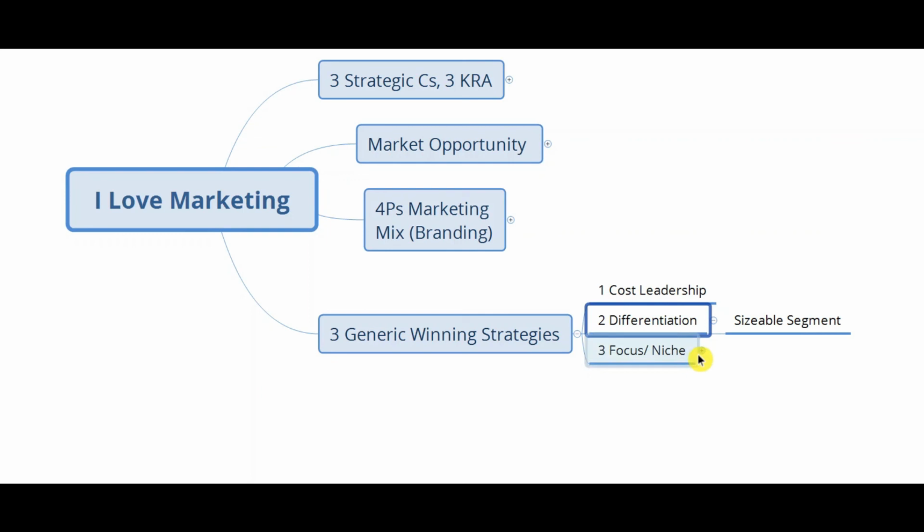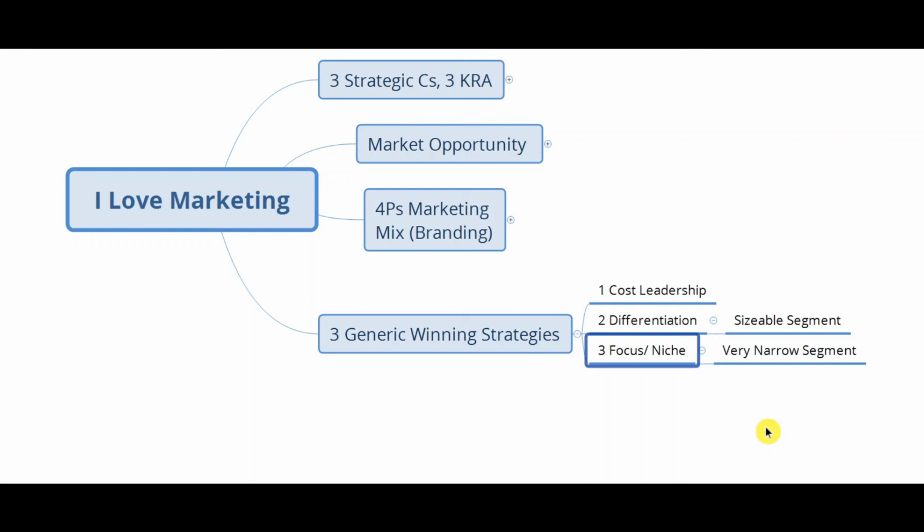Now focus is a finer version of differentiation, because now you're different in a niche. What's a niche? A niche is a very narrow segment of the market, and the focus strategy dictates that you don't try to address the total market or a very large segment.